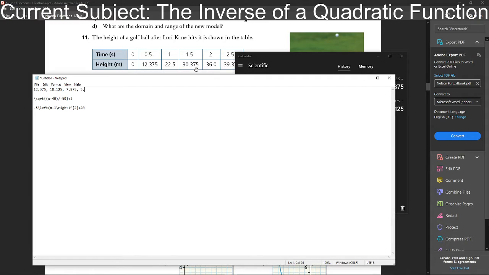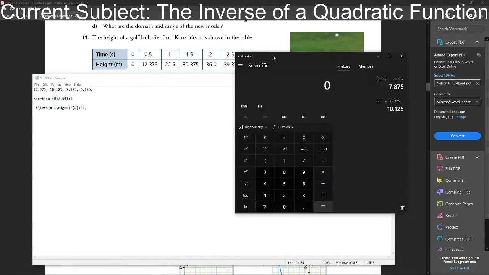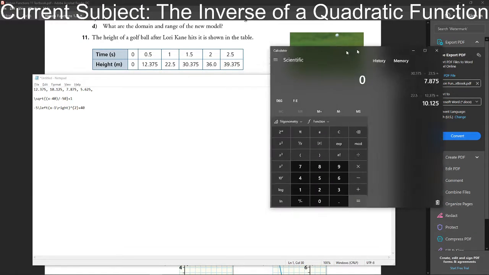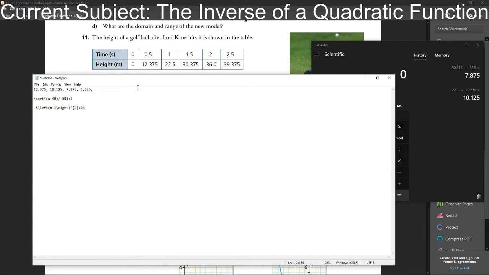Let's go. 5.625. And then the next one is just gonna be 3.375.